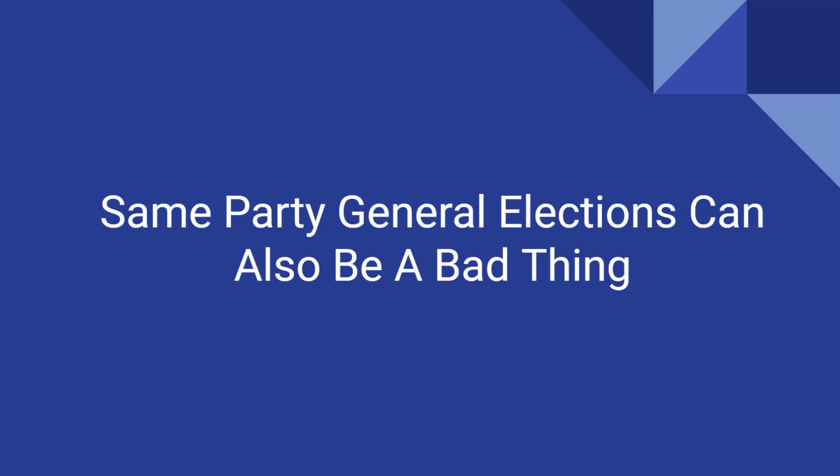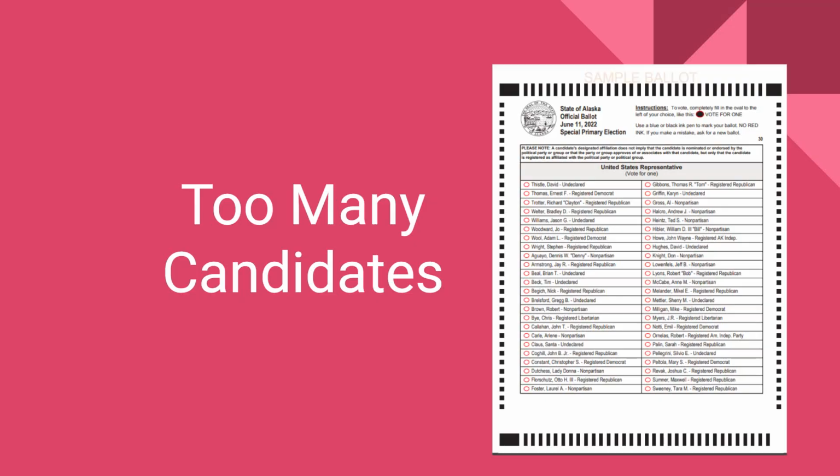But same party general elections, which happen under top two, can also be a bad thing. One of the bad sides of top two is that it complicates the process, in part because you can have too many candidates on the primary election ballot, 10, 20, 40, 50, or even 100 candidates.